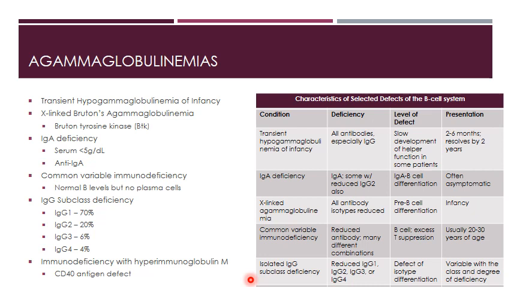Now, when we do their cellular tests, they do actually have normal numbers of B cells, but those B cells aren't differentiating into functioning plasma cells. And there have been 3 different defects that have been associated with these pathways. They can have any one of the 3.